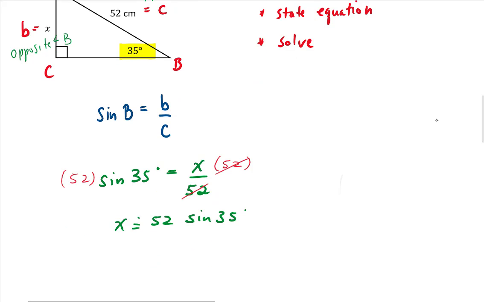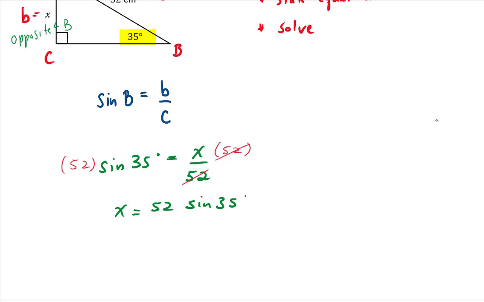So the last part is to now use our calculator. On your calculator, you can type in 52, find your sine button, type in 35, and hit enter. And if your calculator is in the right mode and you've hit the right button, you should end up with 29.8 centimeters as your x value.